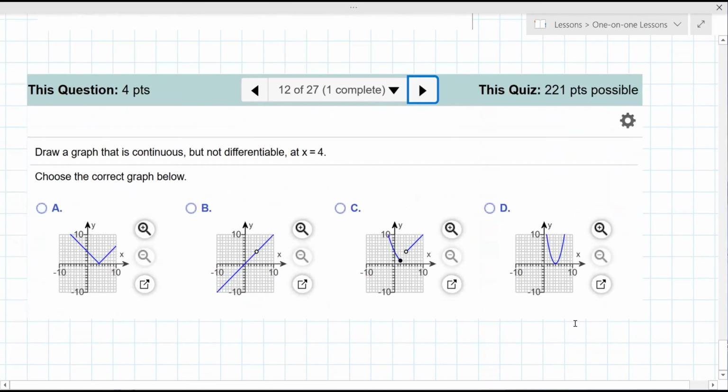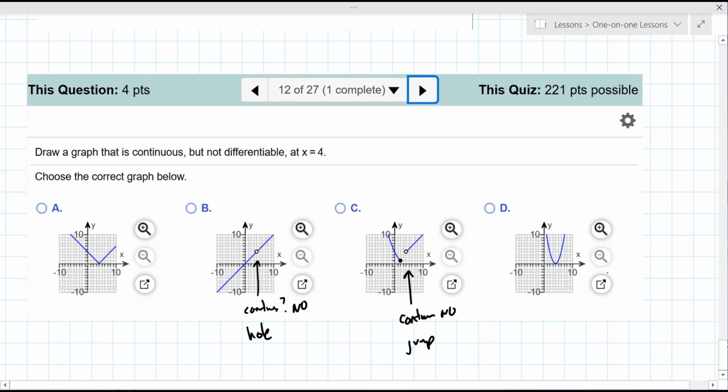Draw a graph that is continuous but not differentiable at x equals 4. So is this one continuous? Yes. There's a hole though. So, no. Is this one continuous? No, this one has a jump.